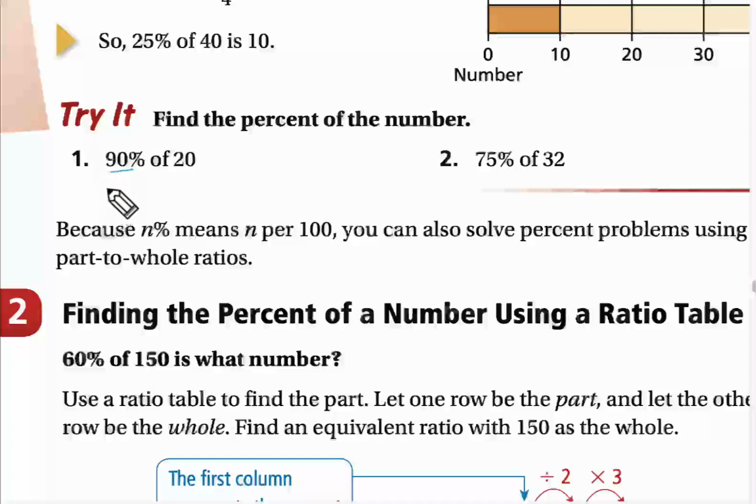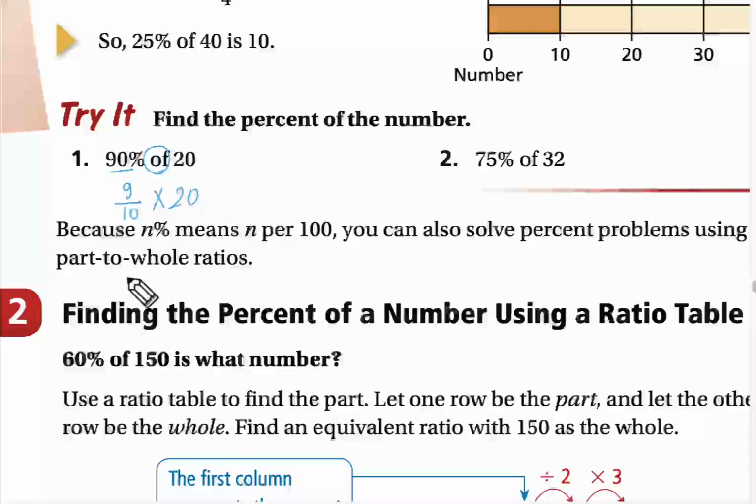We can simplify it to 9 tenths. What is the meaning of the word "of"? Multiplication. So let's multiply this by 20.